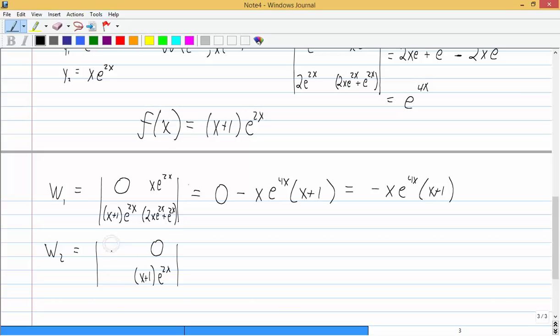Now the first column with w sub 2 is y sub 1 and its derivative. Y sub 1 was e to the 2x, and then its derivative is 2e to the 2x. Okay, so if we work out this determinant, multiply this diagonal, we get e to the 4x times x plus 1 minus, multiply the other diagonal and you get 0.